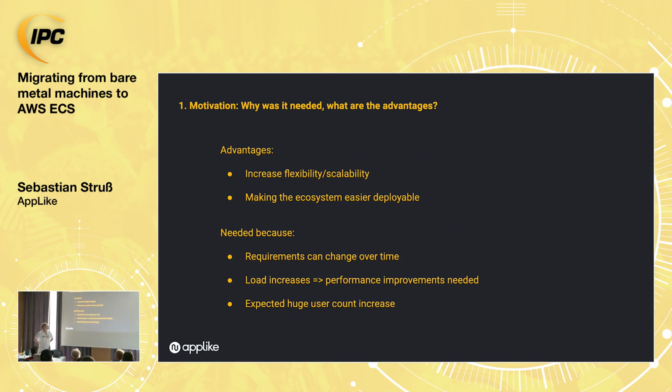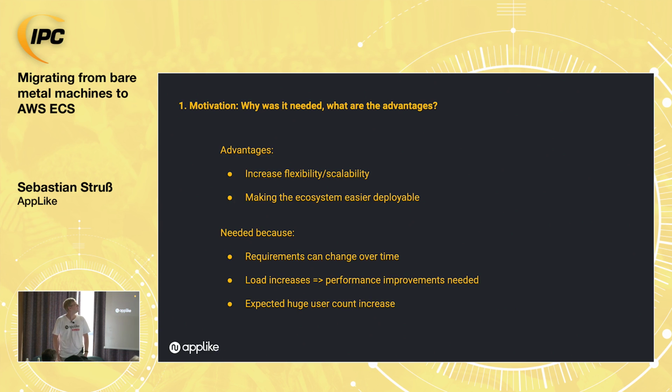So, motivation, why did we need it? First of all, we want to get more flexible and have a better performance when scaling. Because in the first place, when we had EC2 instances on bare metal, we had the issue we needed to spin up a new machine, then deploy some web server on it, get the configuration copied, deploy the application itself, and get everything set up.